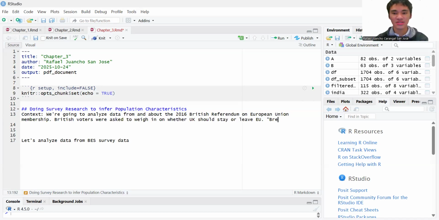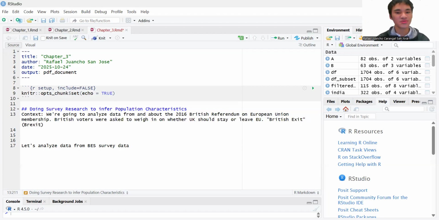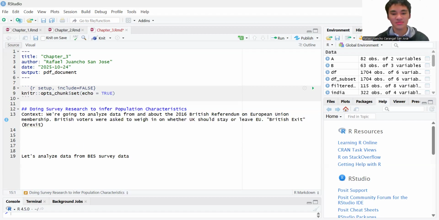It was also known as the British exit, or in other words, Brexit. I think this was a true story, if I'm not mistaken.